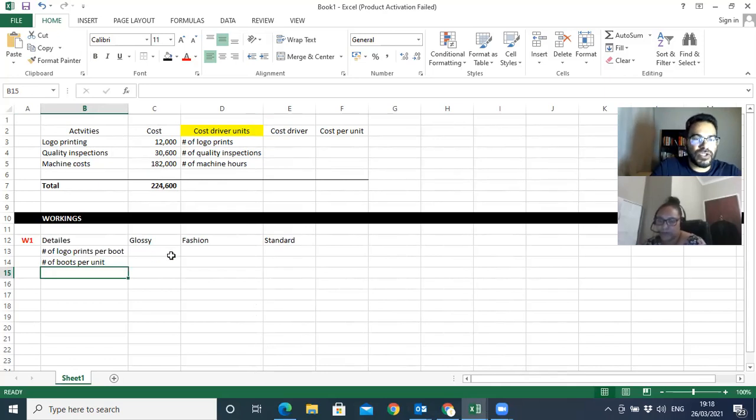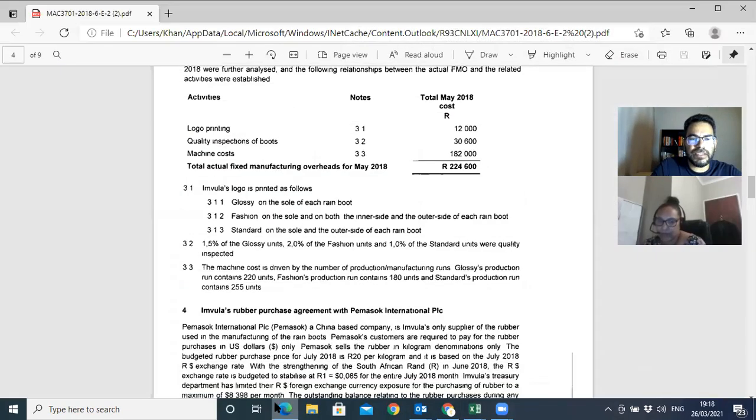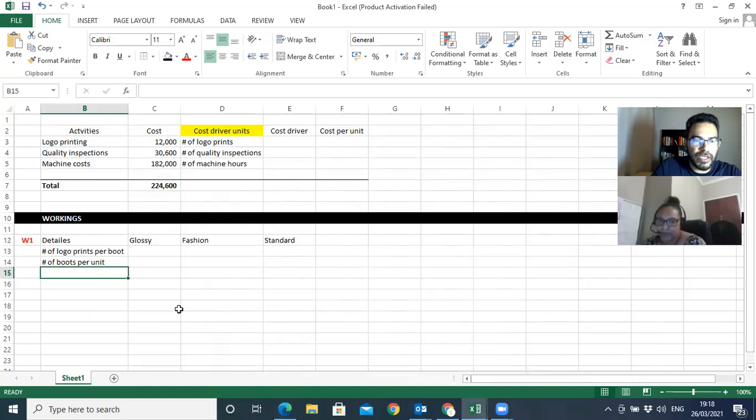So for example, in glossy, they only printed on each sole. That means each boot had 1 print, but each unit has how many boots? 2. But I want a total level, so I'm going to say multiplied by number of units.